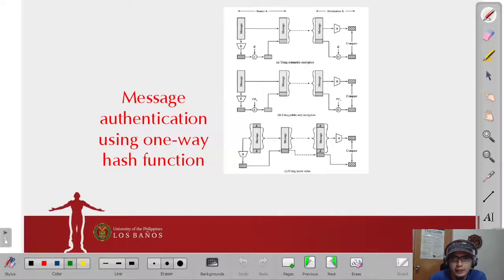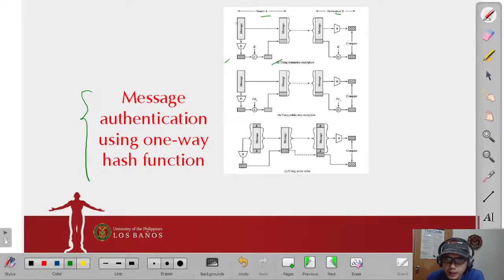So here are three illustrations of how to do message authentication using a one-way hash function. First, using symmetric encryption, we have the source and the destination.